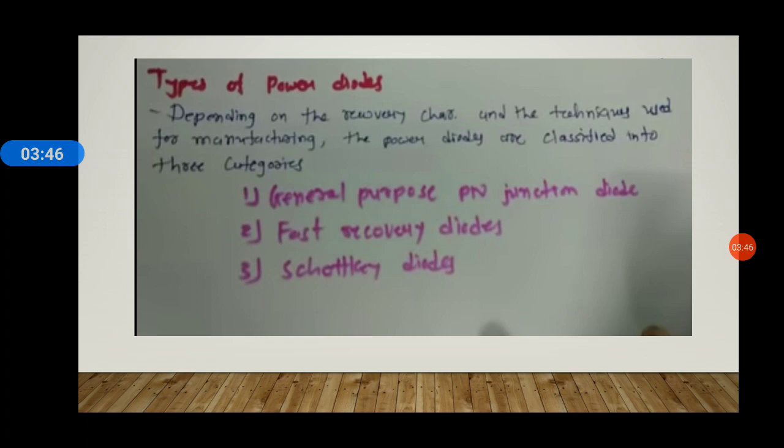Now, the various power diodes that are available in the market are, number one, the general purpose PN junction diode, fast recovery diodes, and the Schottky diodes. All this differentiation is made on the recovery characteristics and the techniques that are used to manufacture these diodes.